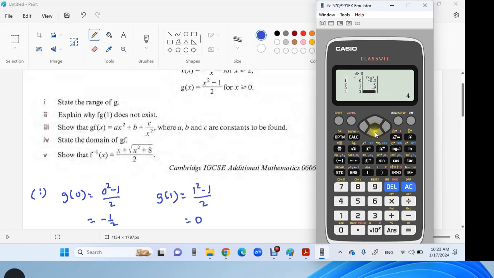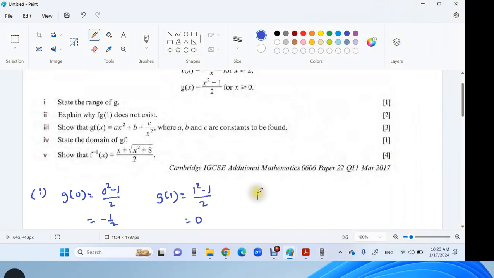Then it will continue to increase. So we know that the range for g is y greater than or equal to negative 1 over 2.